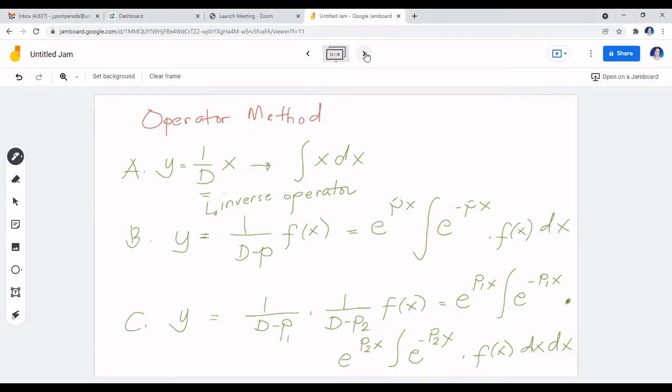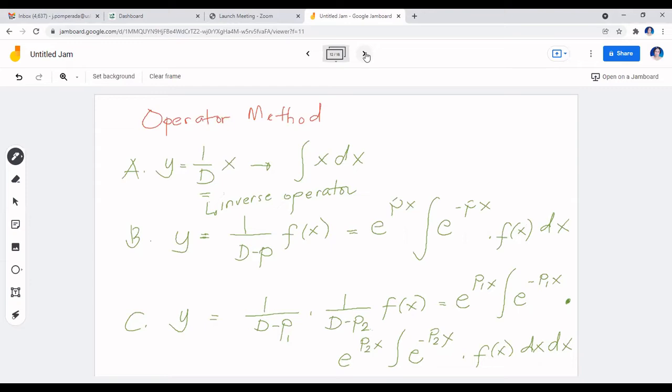Okay? Hindi siya pwede. And aside from that, your characteristic equation, the equation in which we determine the roots, so that we will know the complementary solution in the method of undetermined coefficients, your roots there should be real.